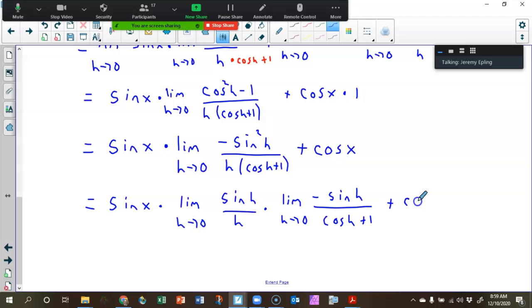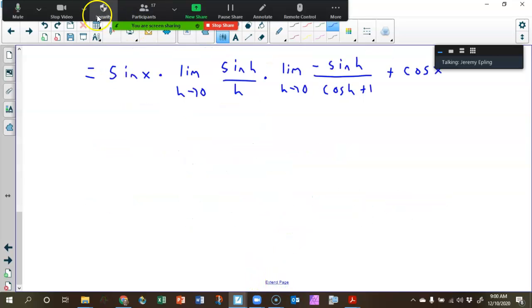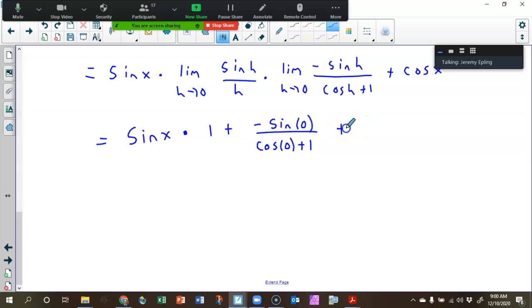Now, that limit I can directly substitute. So I have sine of x. The limit as h approaches 0, sine of h divided by h is 1. So the opposite of the sine of 0 divided by the cosine of 0 plus 1 times cosine of x.